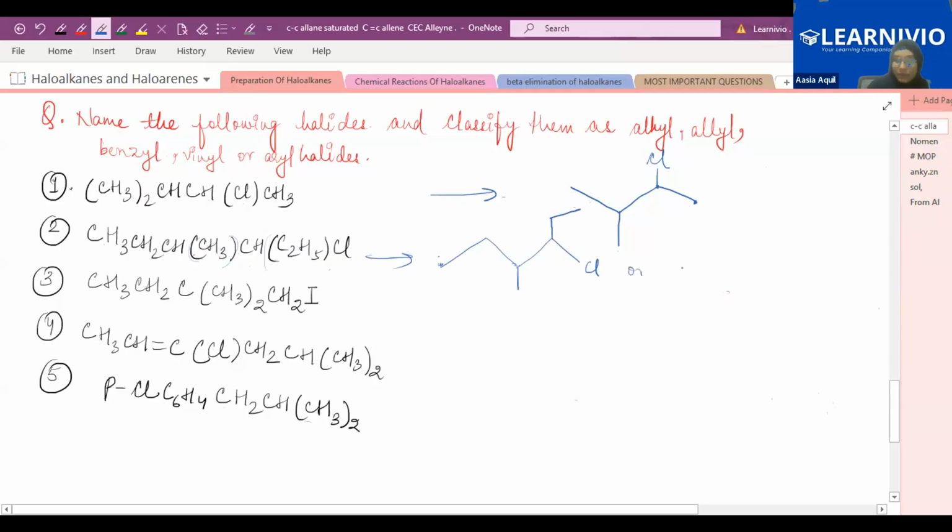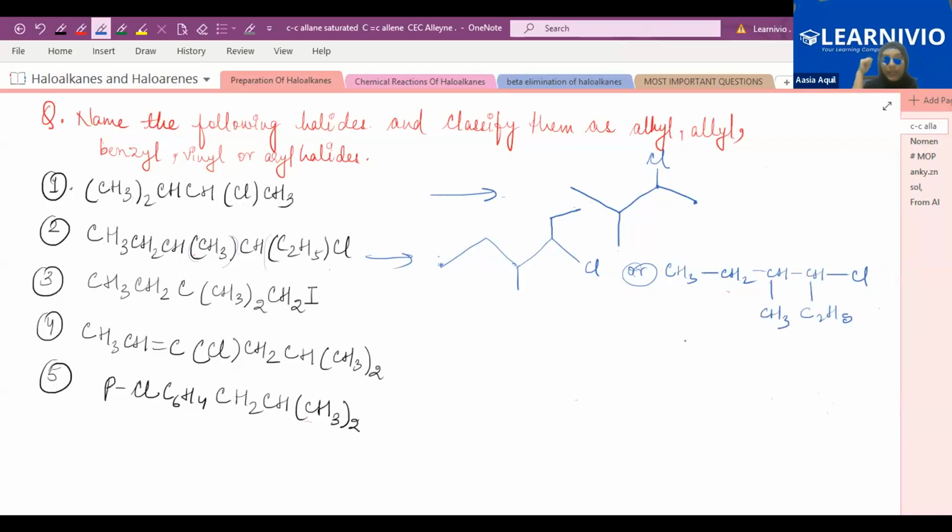You can also show it as CH3, CH2, CH, CH, here the chlorine group, and here C2H5, and here CH3. Whichever way you find easy, you can draw the structure. Try to name the structure, classify it, and mention the degree also: primary, secondary, tertiary.